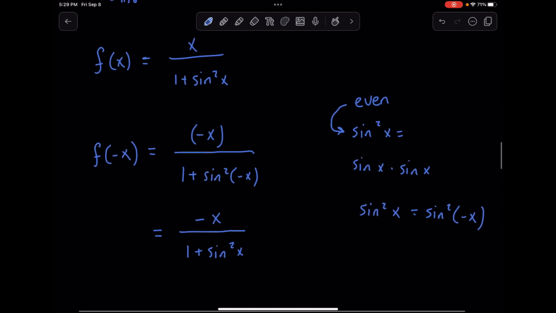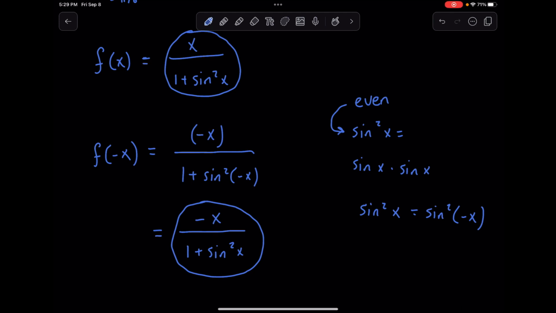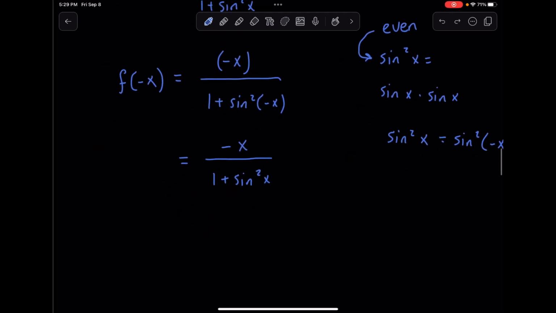And we notice that f of x and f of -x are not the same, so this function is not even. And now we can test and see if the function is odd. If we find negative f of x, that simply places a negative sign in front of the whole function.